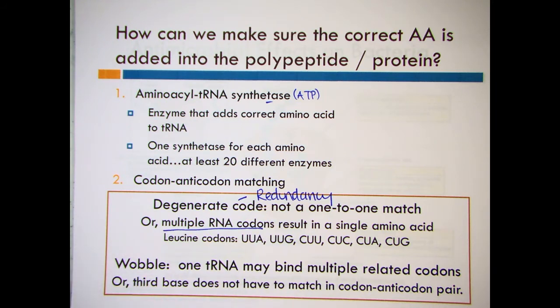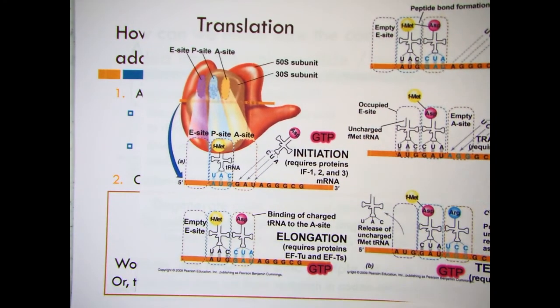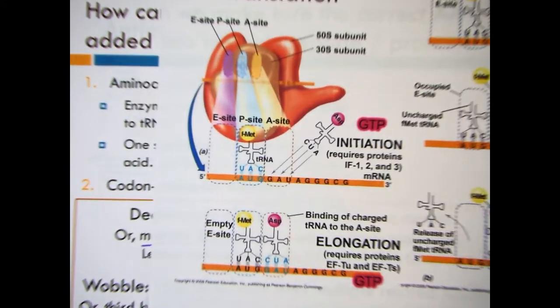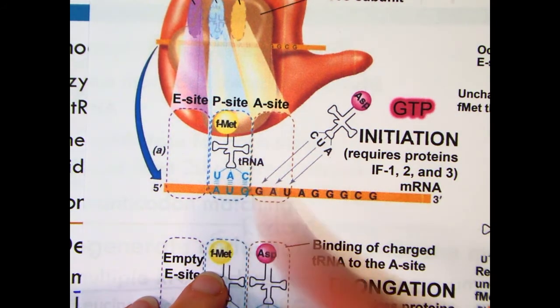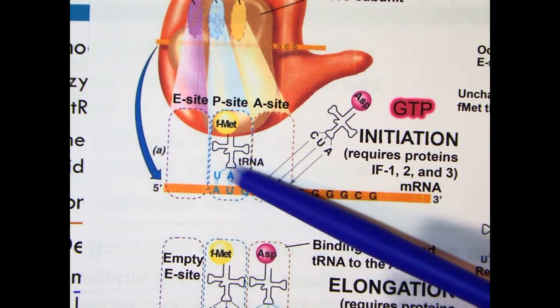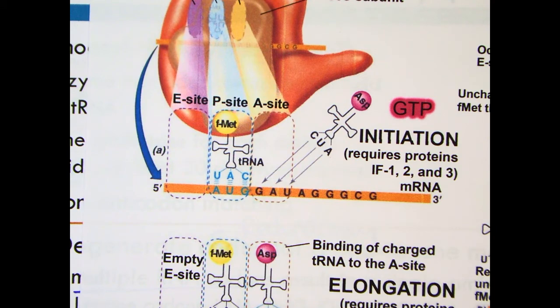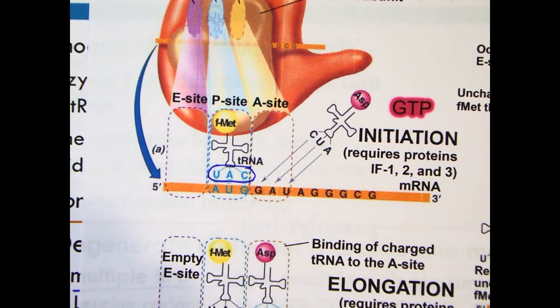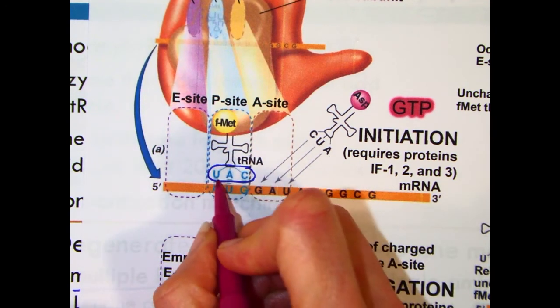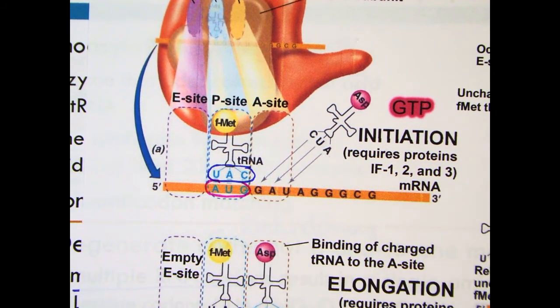Wobble is the phenomenon whereupon, let me see if I can find a picture to show you guys here. All right. So this is the codon-anticodon match right here, right? And so these three bases are the anticodon on the tRNA. And then these three bases on the mRNA are the codon, okay?